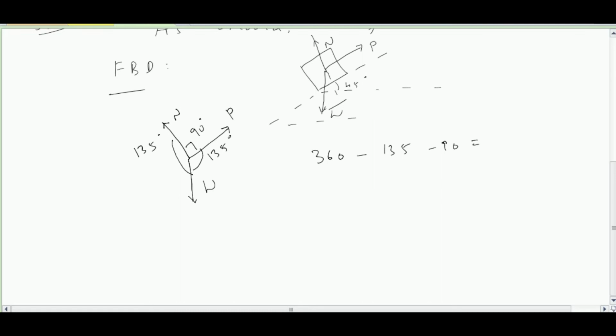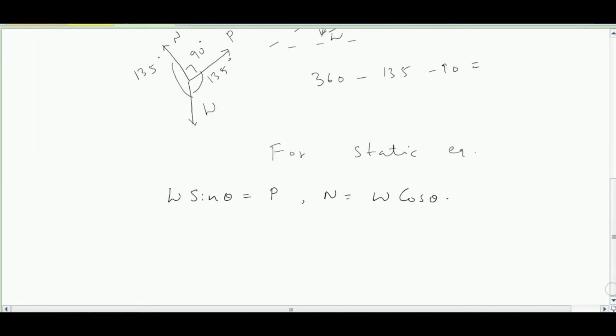We can obtain W sin theta is equal to P. Using Lami's theorem we can solve the problem, but I have taken the static equilibrium conditions, so along the x-axis there should be zero net force. The horizontal component of W is W sin theta is equal to P, and the vertical component is W cos theta, and they balance N. So 1500 into 1 by root 2 is equal to 1060.6. Hence P is evaluated.